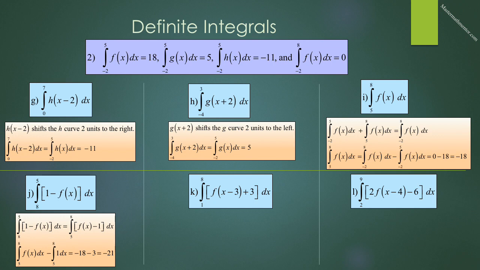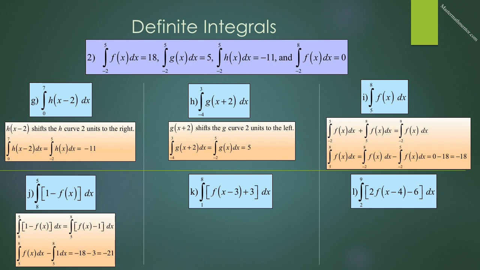J asks for the integral from 8 to 5 of 1 minus f of x dx. We generally prefer integrals to have the lower limit on the bottom, so we will exchange the limits while making the expression negative. So this becomes the integral from 5 to 8 of f of x minus 1 dx, which is the integral from 5 to 8 of f of x dx minus the integral from 5 to 8 of 1 dx.